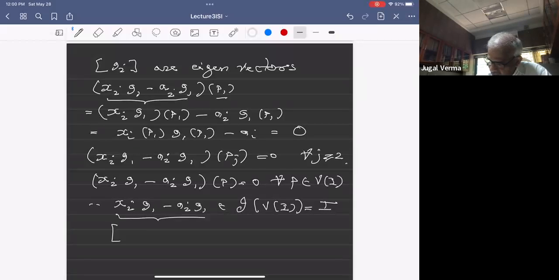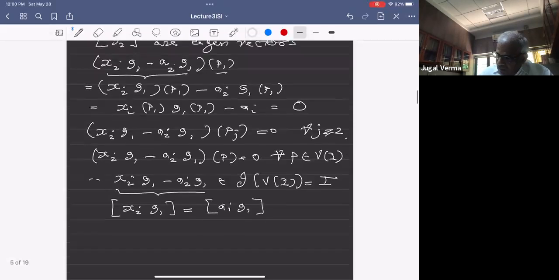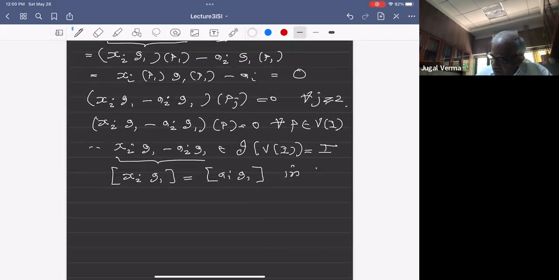That means the residue classes are the same in R mod I. The left-hand side is M_xi operating on g1. The right-hand side is a_i operating on g1.